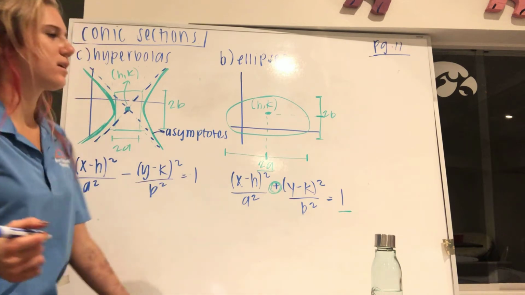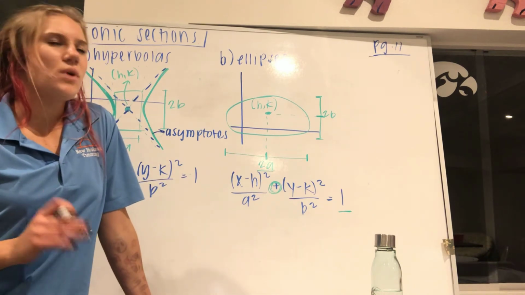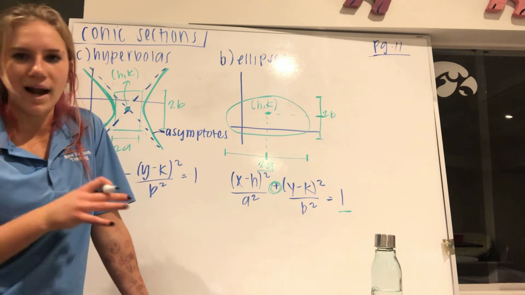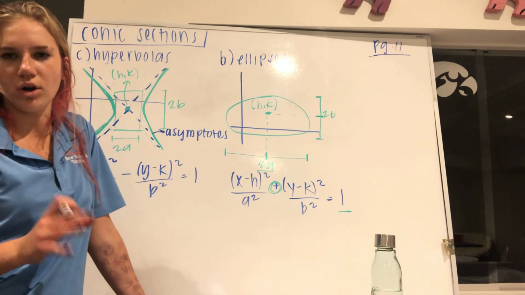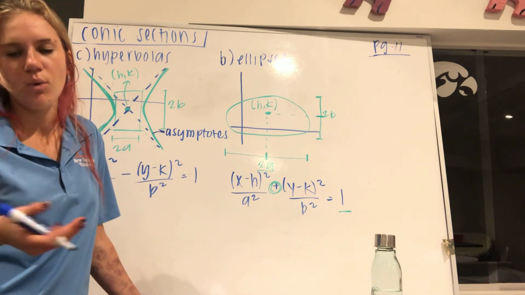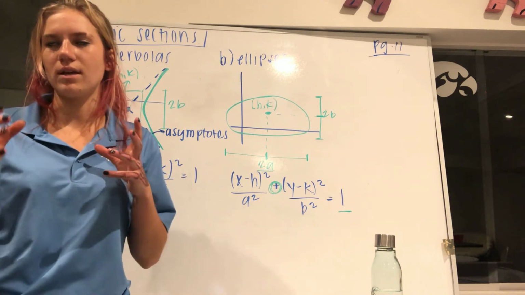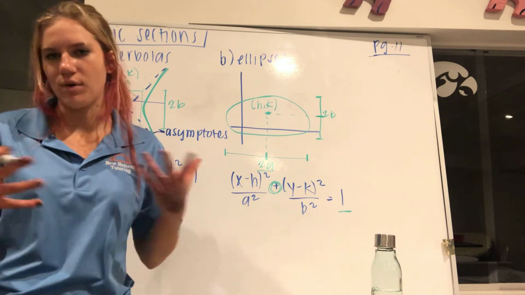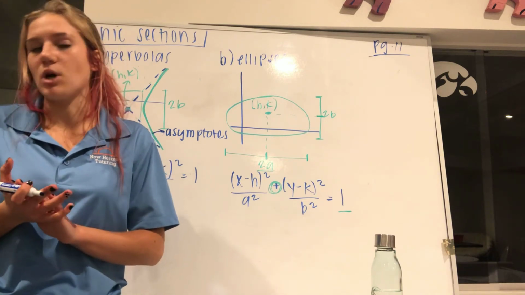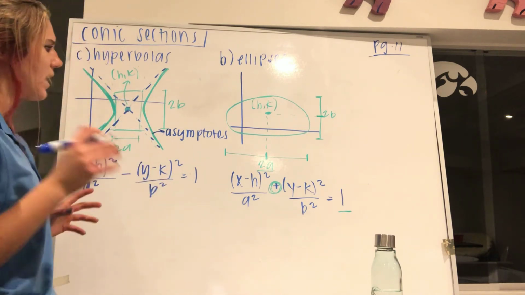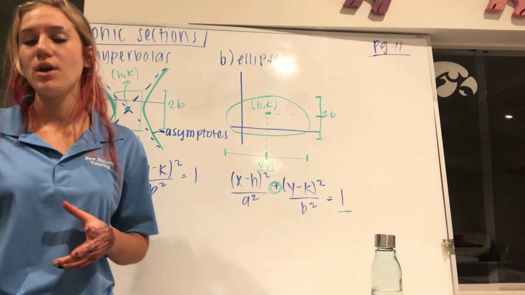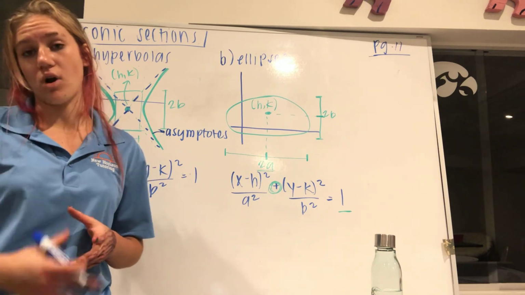You may have dealt with asymptotes before if you've dealt with rational functions, where you have, for example, x minus 2 over x minus 5, and you have to graph that. You're going to have an asymptote. Basically, an asymptote is essentially an imaginary line that your graph cannot cross.